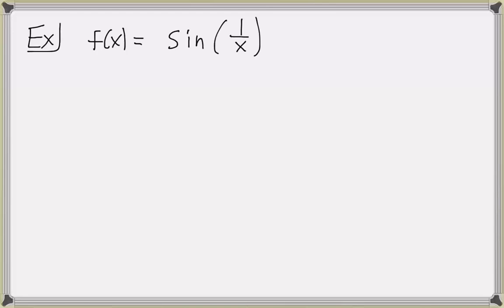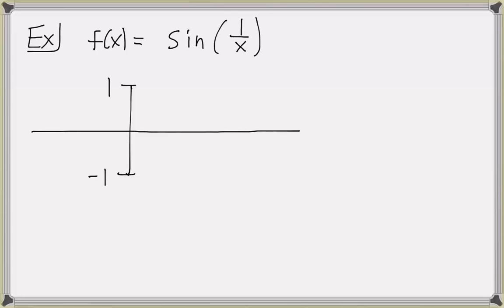Now the graph of this function, since this is a sine function, it's kind of like a wave, and the regular sine function has a nice wave pattern. It repeats every 2 pi units. But the sine of 1 over x also goes between heights -1 and +1, but as x gets closer and closer to 0, the function oscillates very, very quickly.